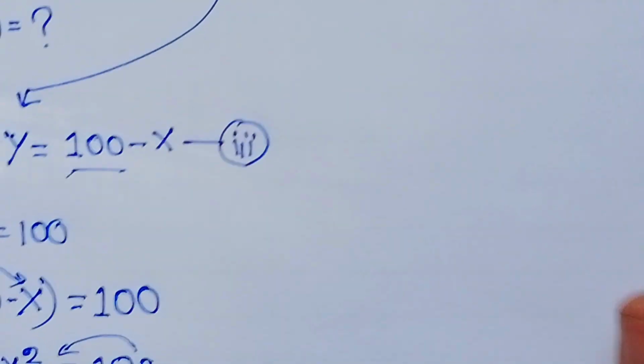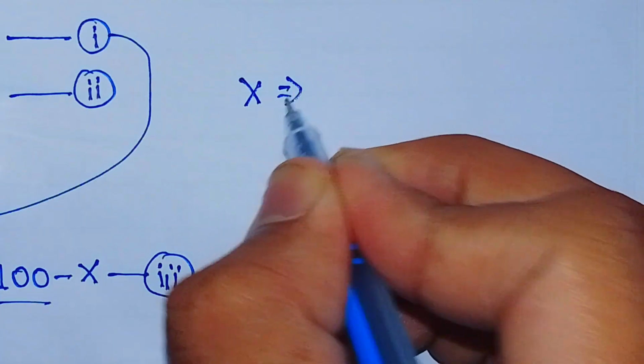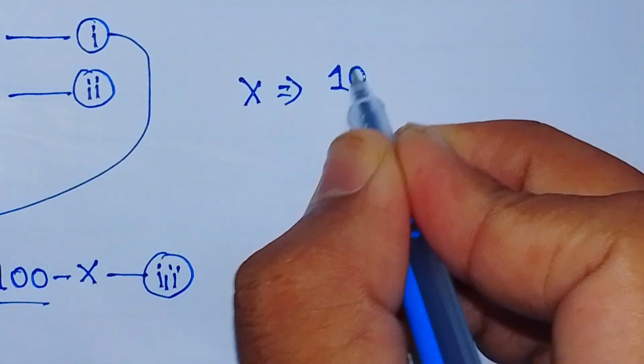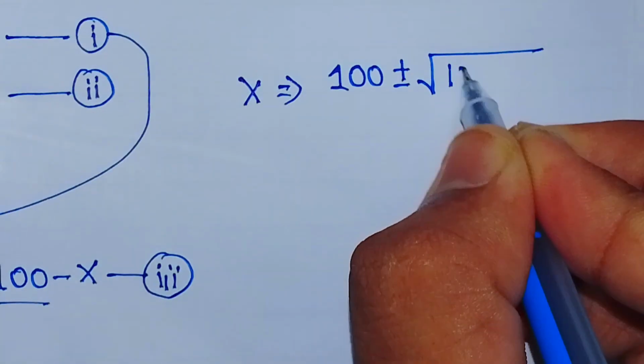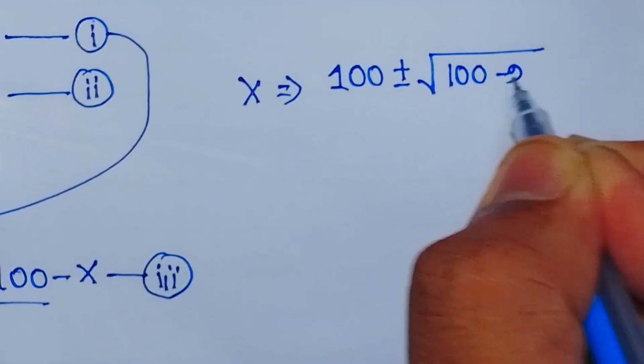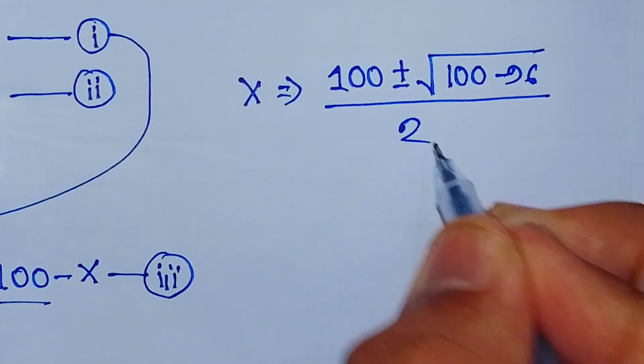So after simplifying the calculation, we'll skip some lines and take the equation here like 100 plus minus root over 10000 minus 400, which is 9600, divided by 2.